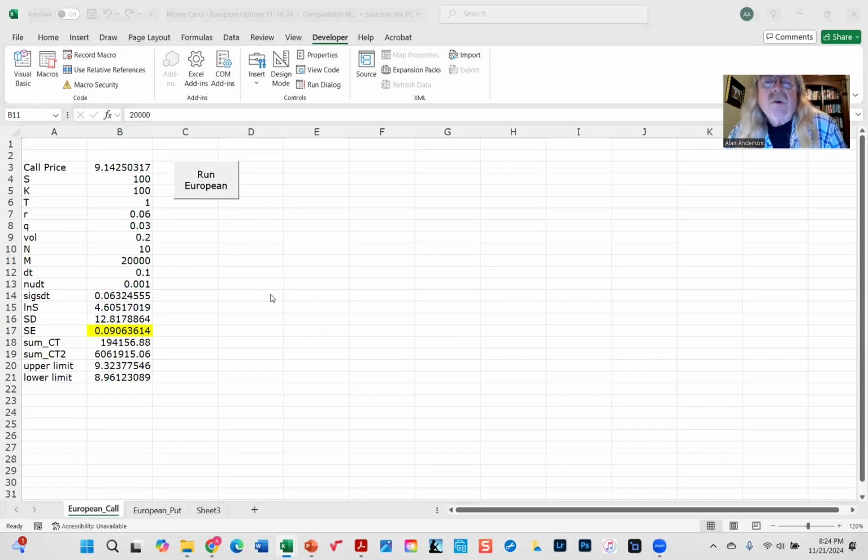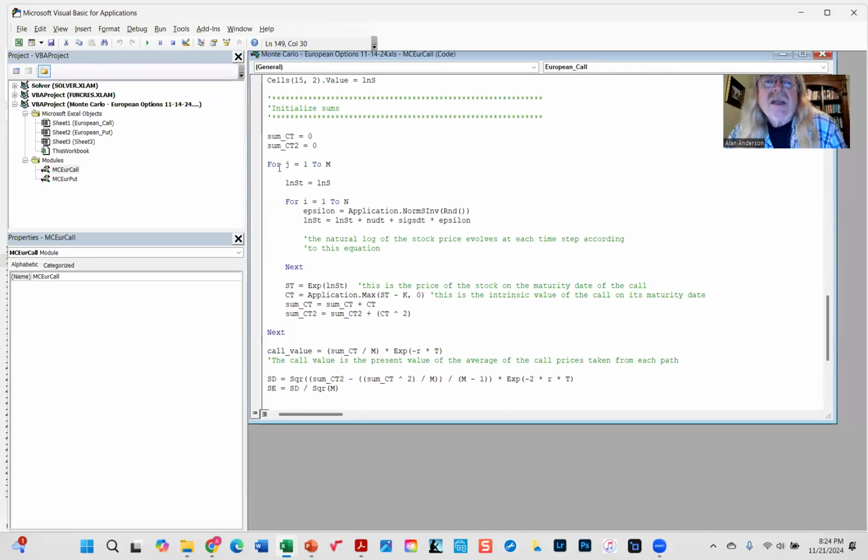So in the code, you can see that we have a loop for the m, which is the paths. Within here, we have a loop for n, which is the number of time steps. And on each step, we need a new random number, which is epsilon.